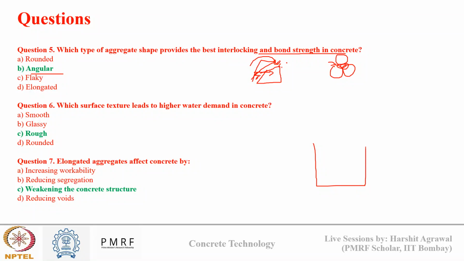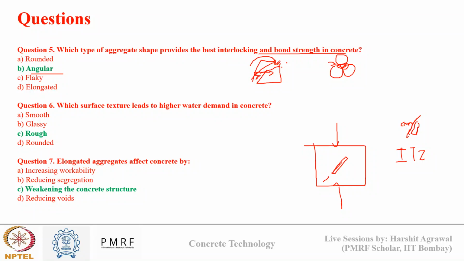Suppose this is concrete and this is one of my elongated aggregates inside concrete. And due to load action, there is cracking in concrete. As we move ahead, we'll talk about ITZ, the interfacial transition zone, which is the surface between the surface of aggregate and cement paste, the interface between cement paste and aggregate.